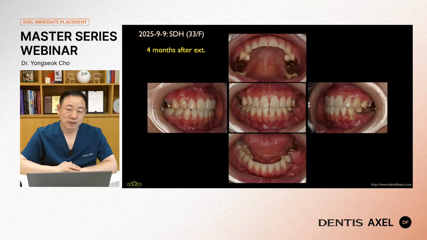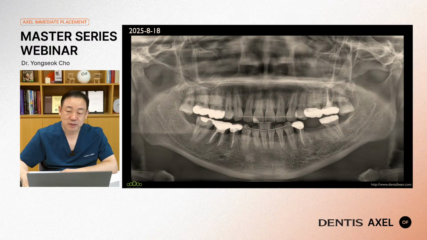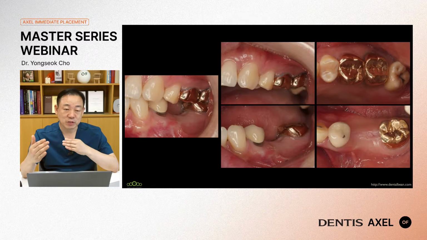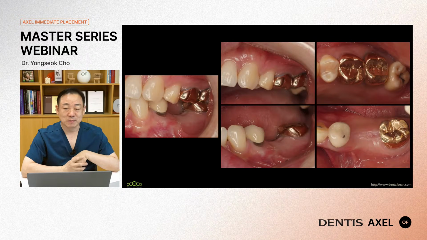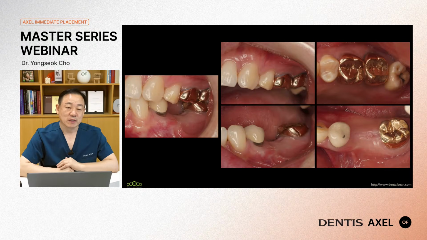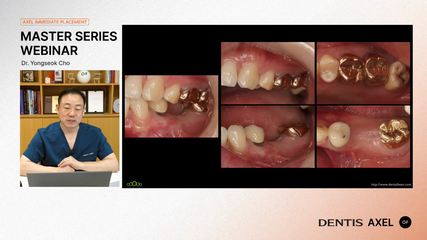I waited 4 months for healing, and look at the panoramic image, not bad. We can see relatively well healed hard tissue also, and in the intraoral view, the ridge is slightly reduced, about 3 mm in width and about 1 mm in height. This is the usual expectation when just extracting the tooth without socket preservation.